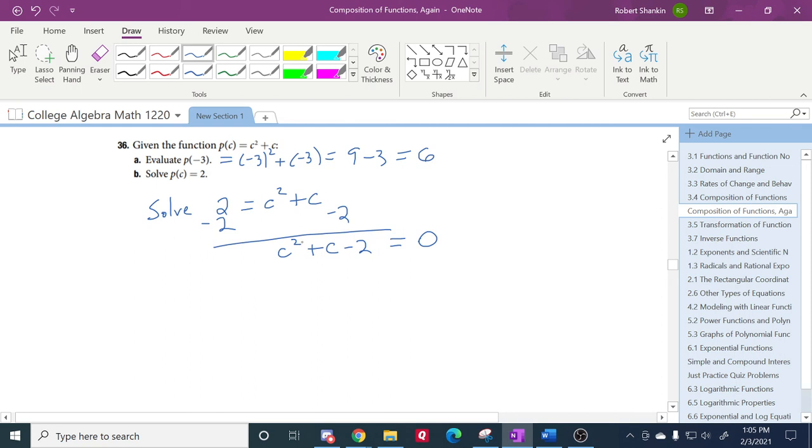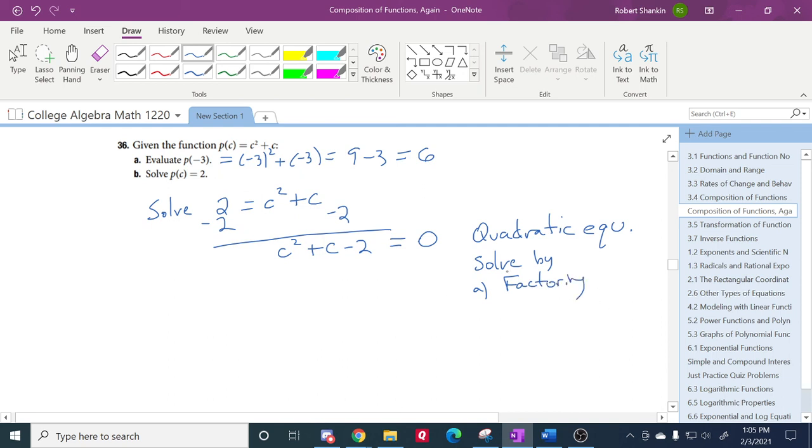When the highest power is 2, we call it a quadratic equation. Quadratic equations were one of the focuses of the class prior to this one, intermediate algebra. To solve a quadratic equation, you solve it by factoring.